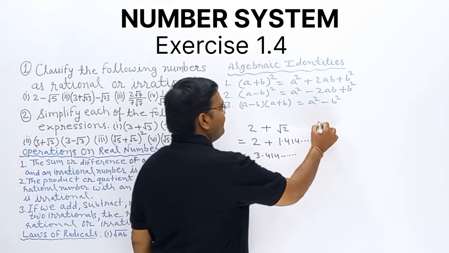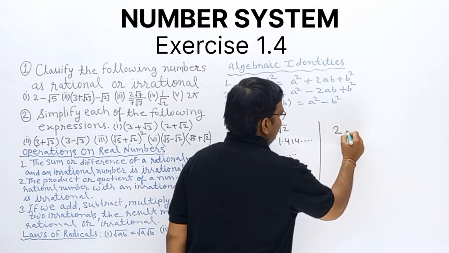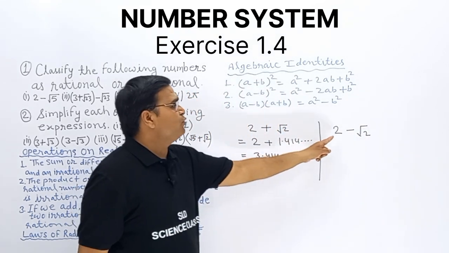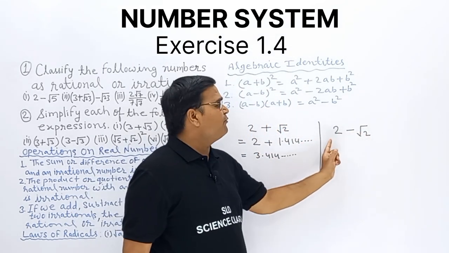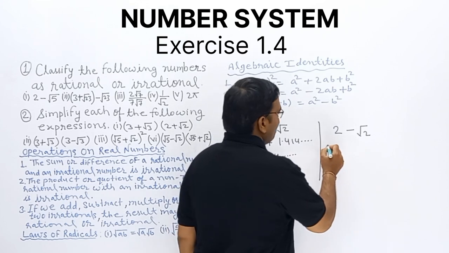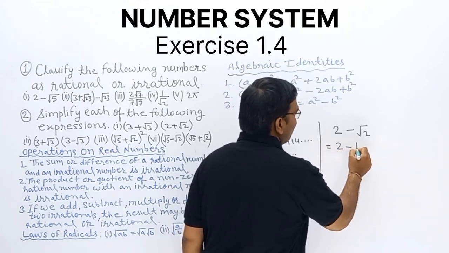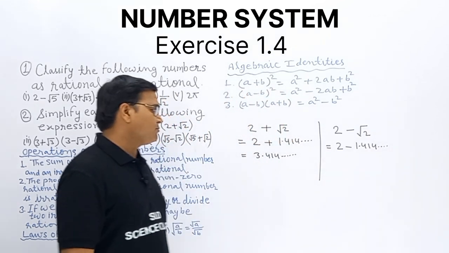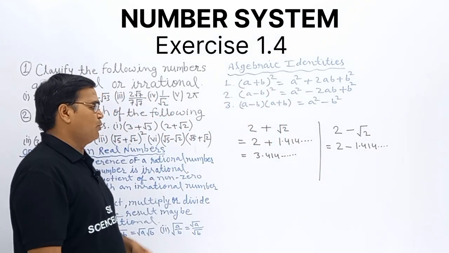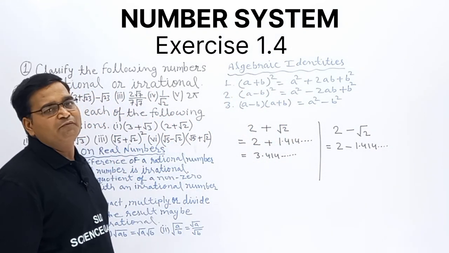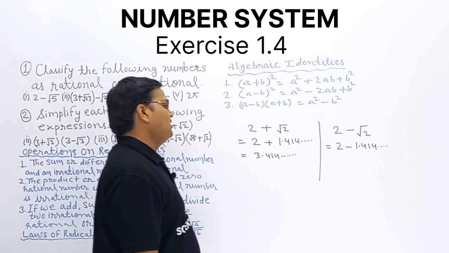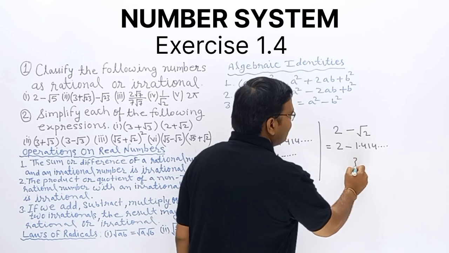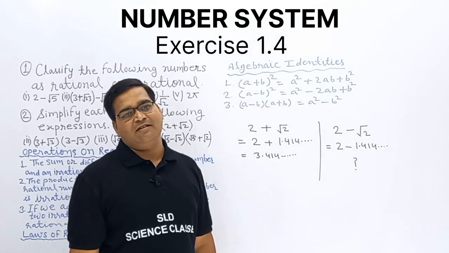Clear? Now I am doing subtraction. 2 minus root 2: one rational number 2 and irrational root 2. I want to subtract. What will be the result? 2 minus 1.414 and so on.